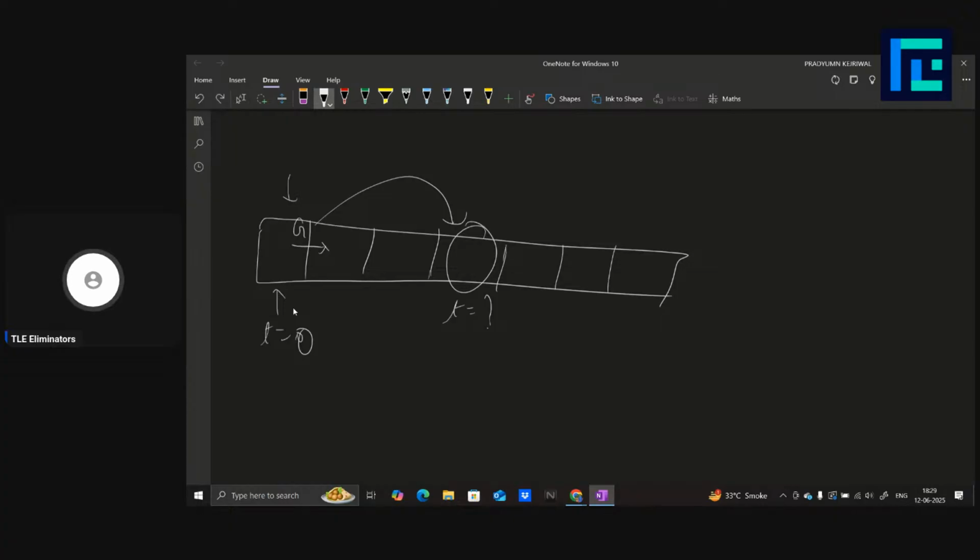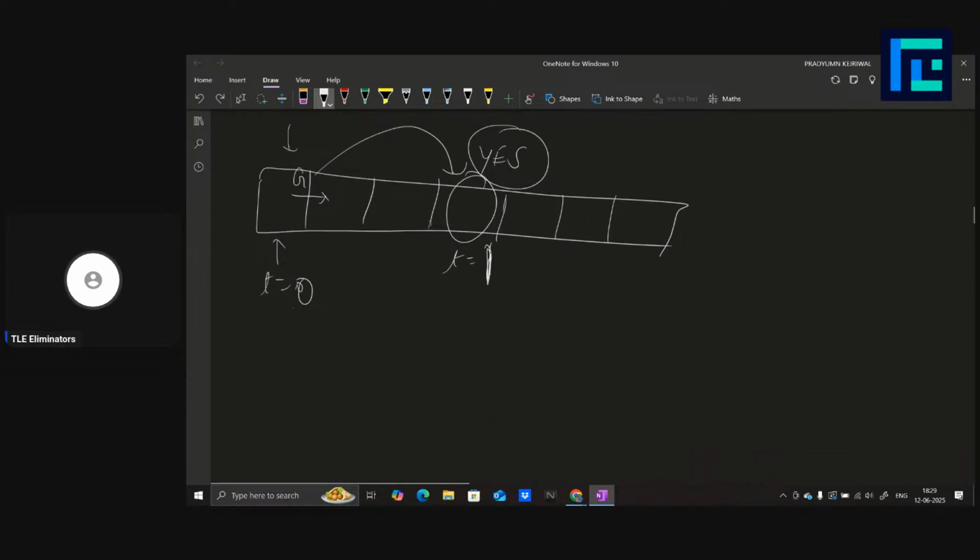If the answer to that is yes, like if I can leave from there, say if I reach there at t equal to 1, then definitely I can leave from here as well. So recursively I can solve this problem, and if you draw the recurrence graph, you will find that it has some cycles in it. So what you can simply do is, whatever the base cases are, you can just run BFS from there.